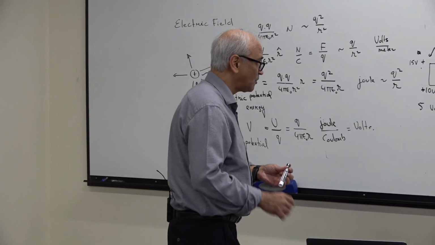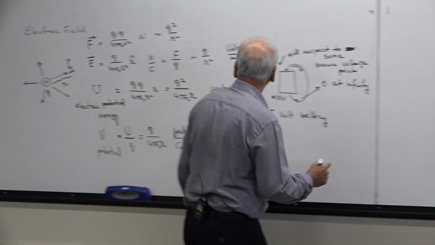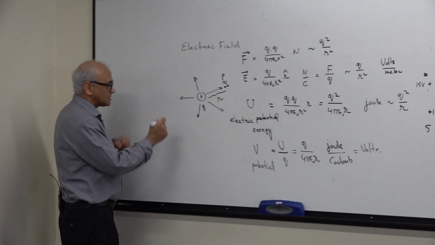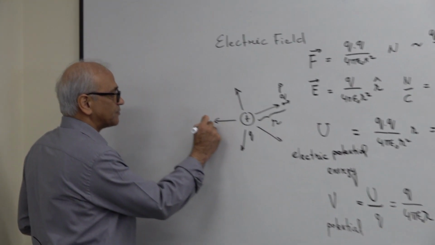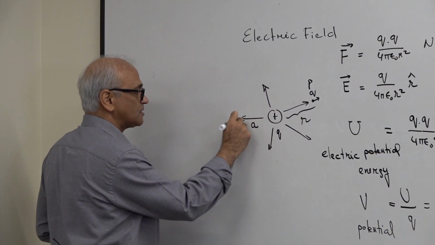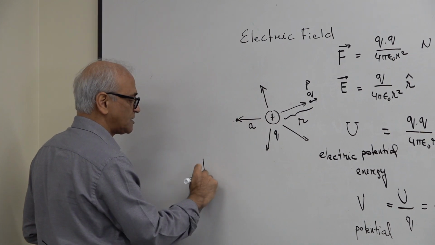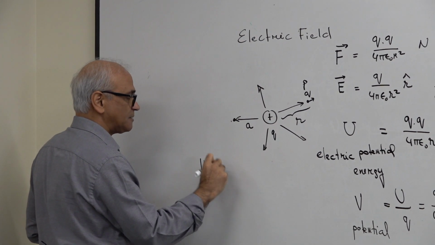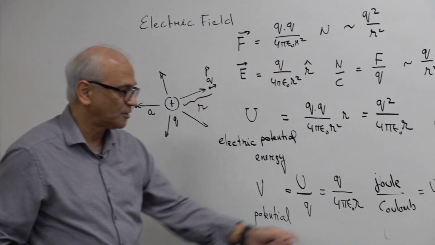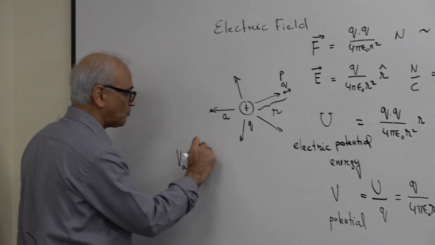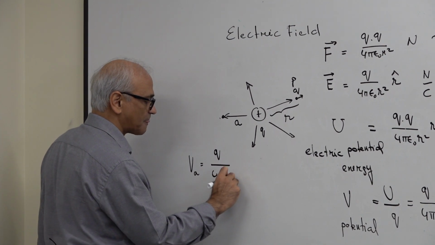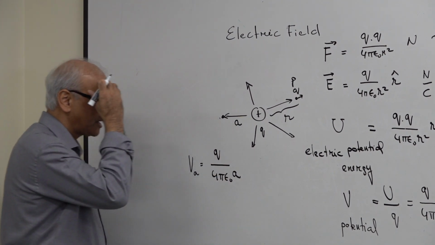Well, let's think about it this way. Let me go back here. Let's say that this distance from here to here is A. So what's the voltage here? The voltage at point A, if I go back and look at my formula over here, is simply Q over 4 pi epsilon naught A, right?